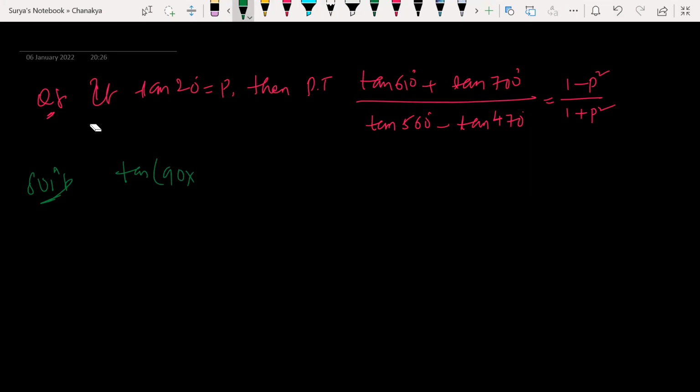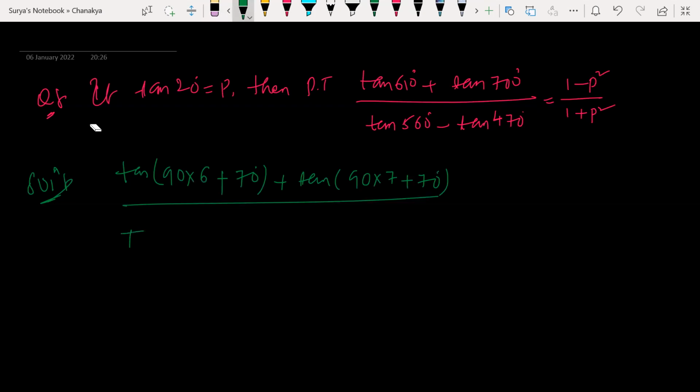90 into 6 is 540, so 610 is 540 plus 70. Then tan 700 is tan of 90 into 7, which is 630, plus 70.